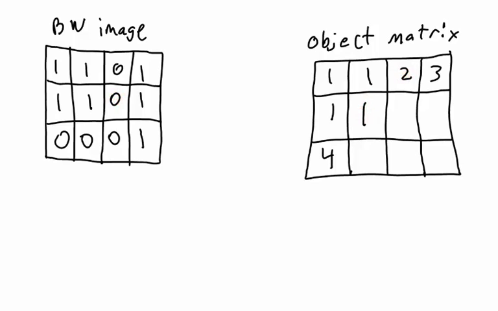Rule number 3 says that if the BW value here is the same as the value here, then the object matrix values should be the same. That rule does apply because the BW value here is indeed the same as the value here. So according to rule 3, we have to take the object matrix value here and apply it here.